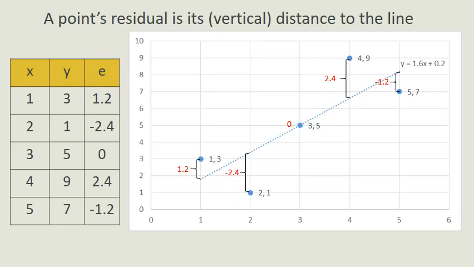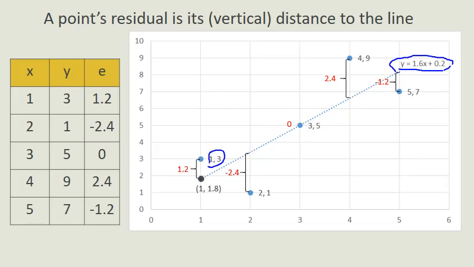And let me quickly explain the first point's residual value of 1.2. The first point has an x value of 1. And if we plug 1 into the best fit equation, then we get y equals 1.8.